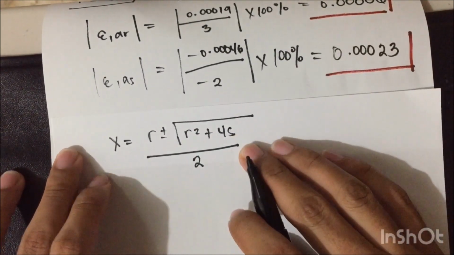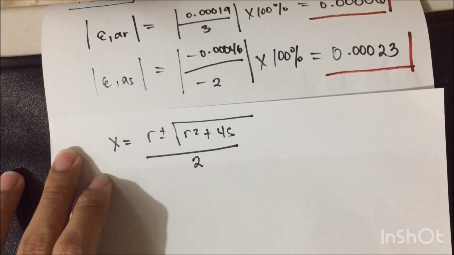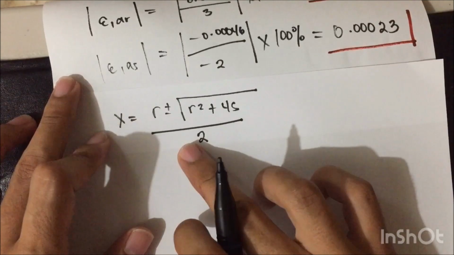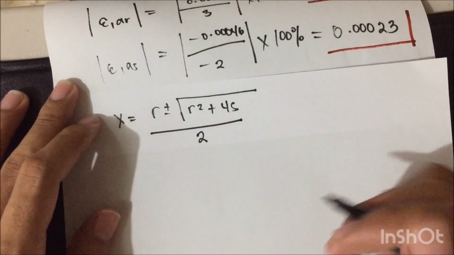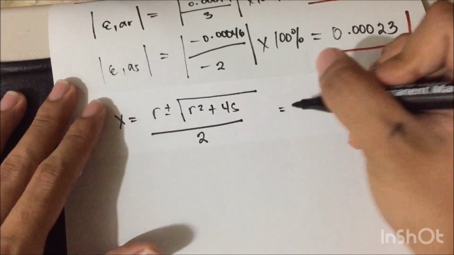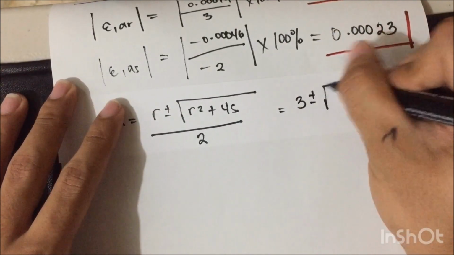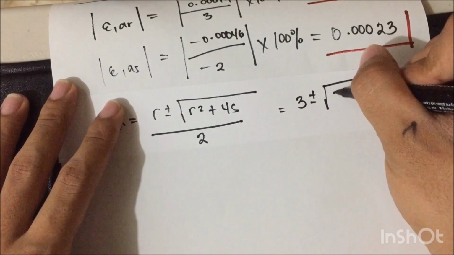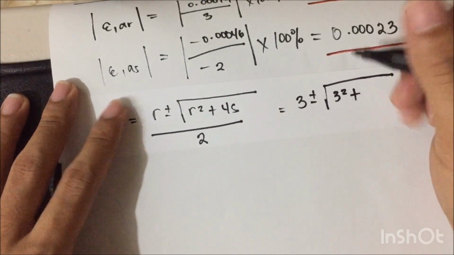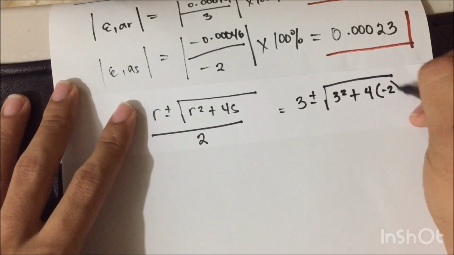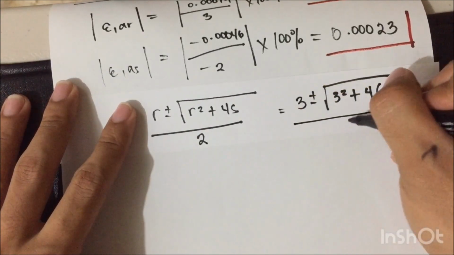Gagamitan natin itong formula na to para makuha natin yung unang roots. So, isubstitute lang natin yung value ng r tsaka ng s sa loob dito. So, we have r 3 is minus square root of r squared, which is 3 squared plus 4s, 4 times negative 2 over 2.